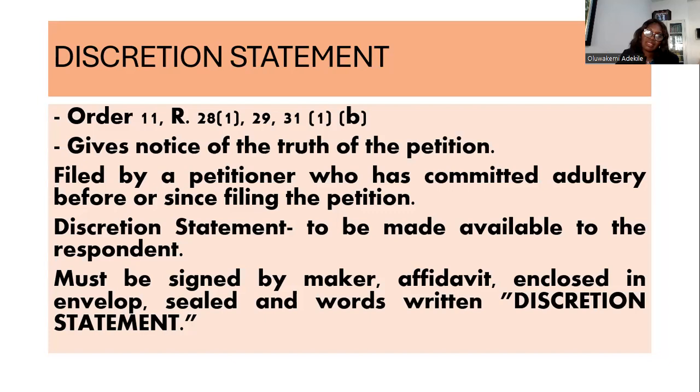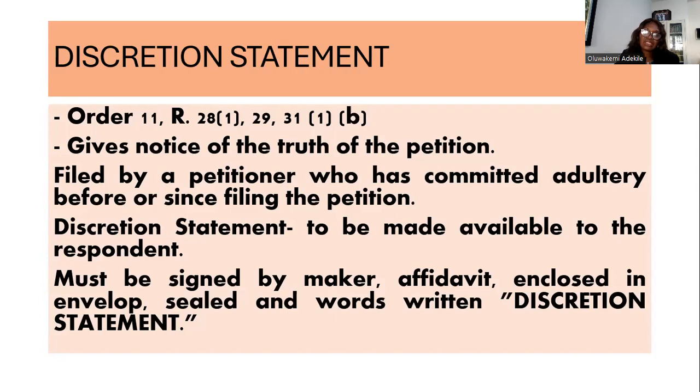Then under the Matrimonial Causes Rules, order 11, rule 28, 29, 31, 1b, if a petitioner has committed adultery, the petitioner should file a discretion statement. The adultery may be committed before filing the petition or after filing the petition, but before the proceedings commence, before the case starts.